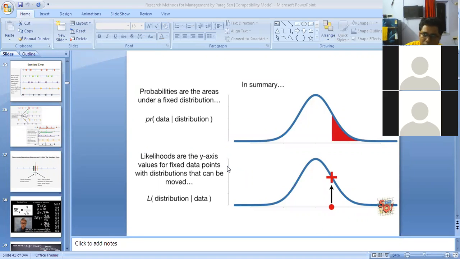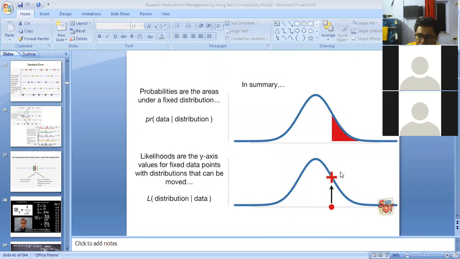But for the continuous distribution, the y-axis value, the probability density, represents the likelihood.